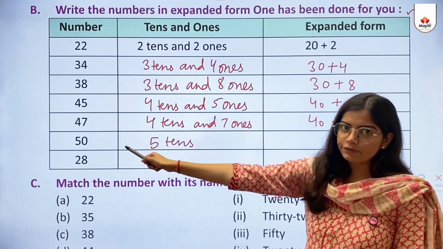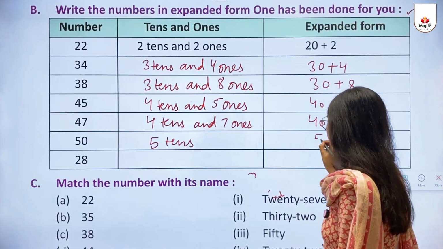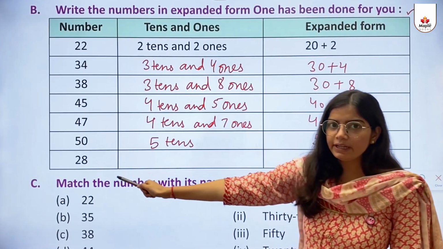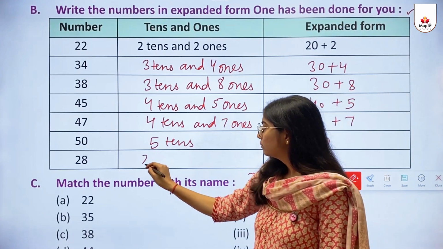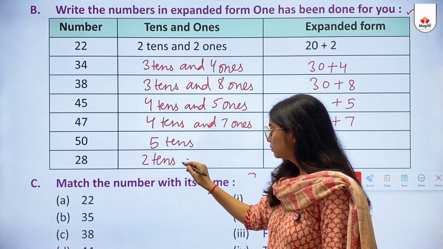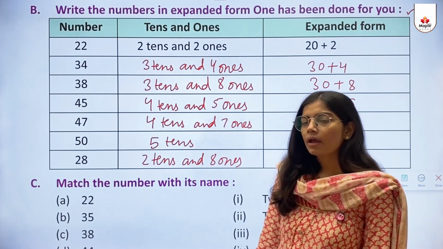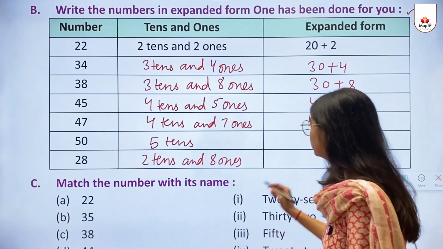And the expanded form is 50, the same, okay? Then 28 means 2 tens plus 8 ones. And the expanded form is 20 plus 8.